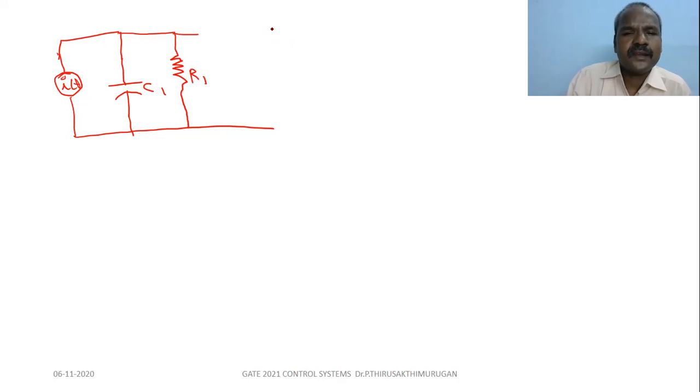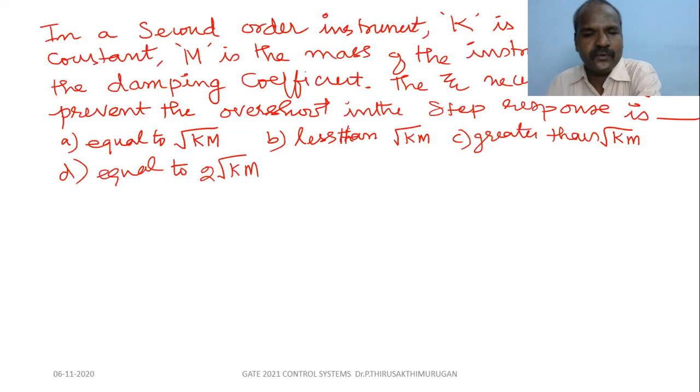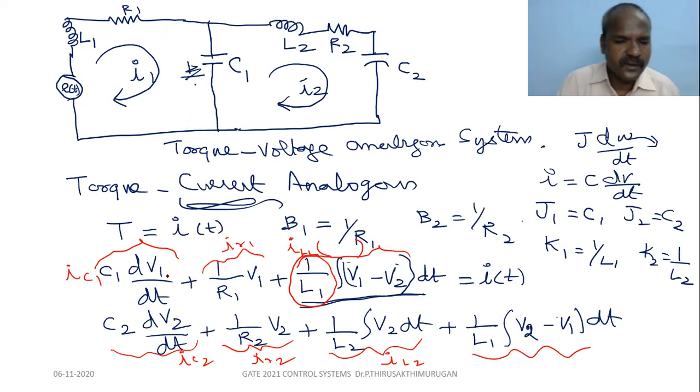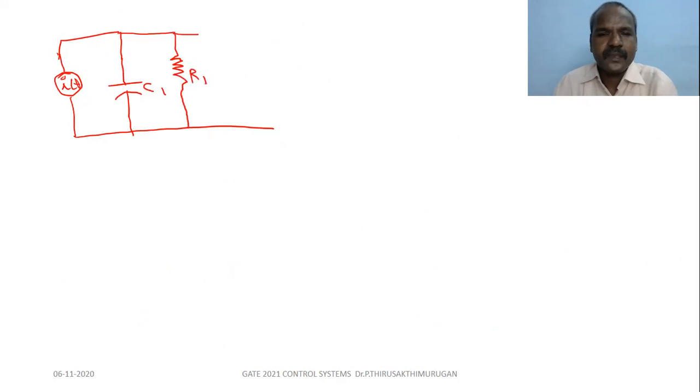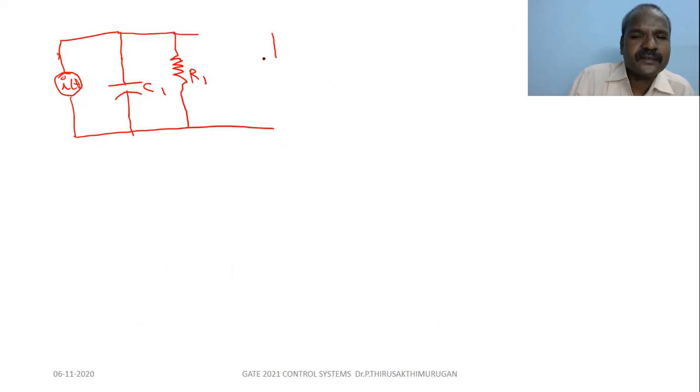Another network: C2 with V2, another voltage drop across a capacitor C2 whose voltage is V2.